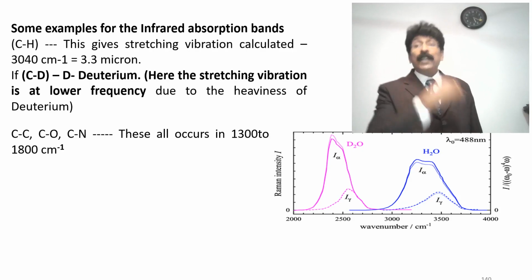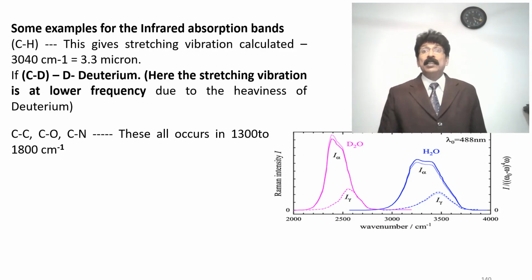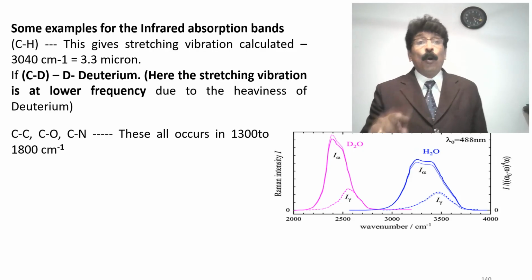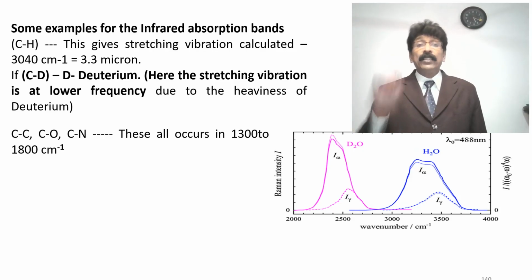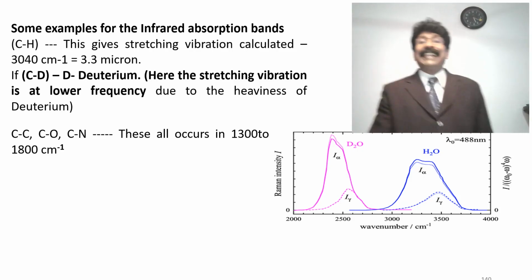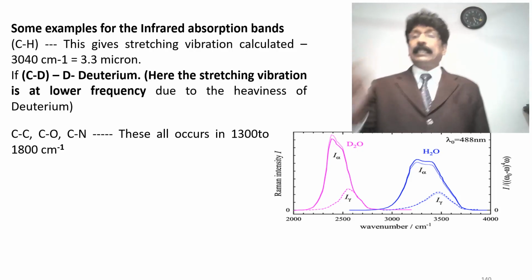Attachment of the atom, just an example. C–C, C–O, C–N bonds all occur in the 1300 to 1800 centimeter inverse peaks.